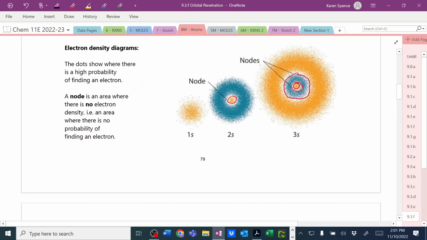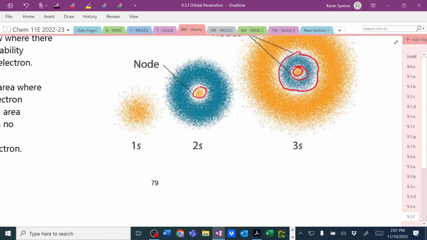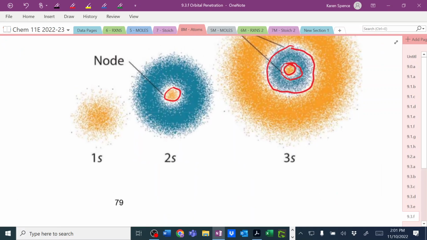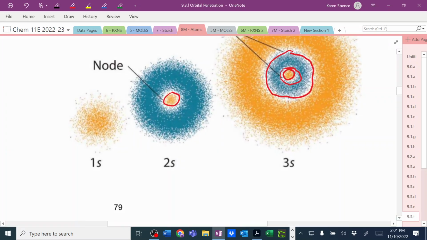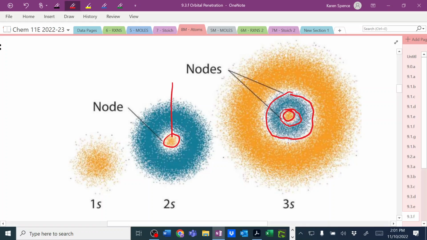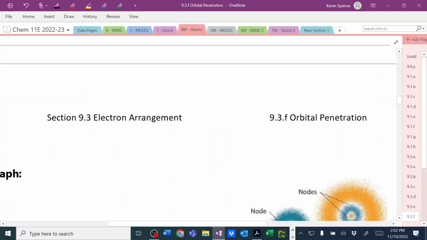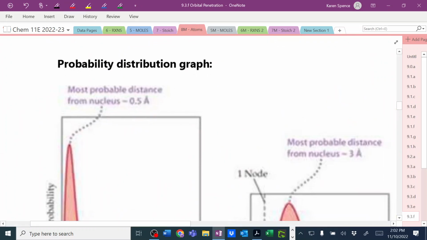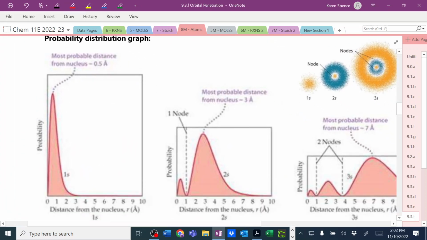So we're gonna take these and turn them into a graph. Here we are. We have our 1s orbital, and I know the words are not great quality, but this is probability here.